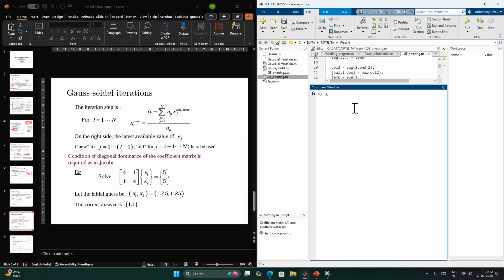So let us create the A matrix, A equals 4 comma 1, 1 comma 4. B matrix is 1 comma 1. Yeah, so the solution to this problem is 1 comma 1, that we all know, right? It's a simple problem. Now what I'm trying to do is, I'm trying to do a guess.